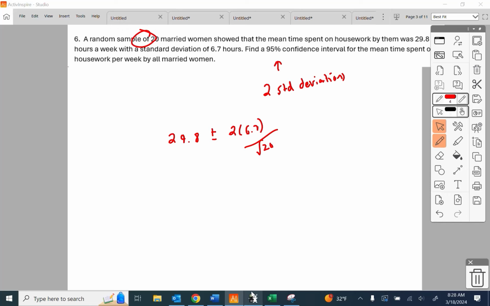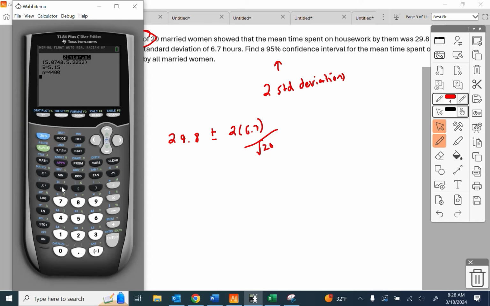It's kind of like the last one I did. 29.8 plus 2 times 6.7 divided by the root of 20 gives me an upper boundary, 32.7963.